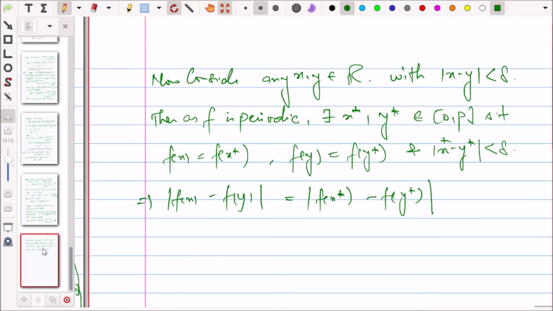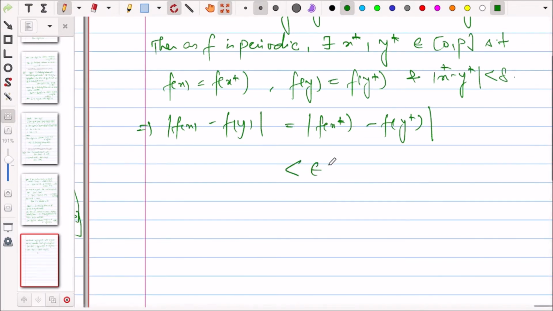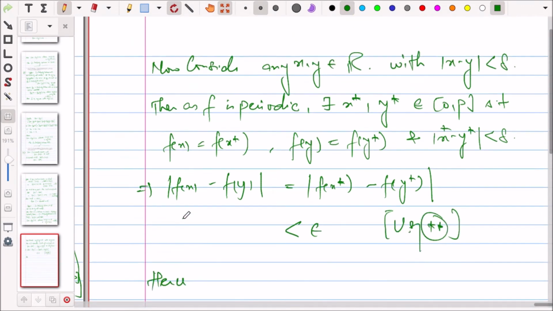So this will be less than epsilon using double star. So we started with any 2 points in R with their distance less than delta, and we are able to show that the distance between their images is less than epsilon.